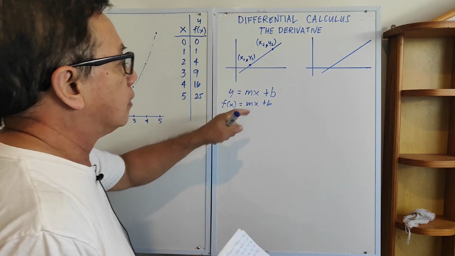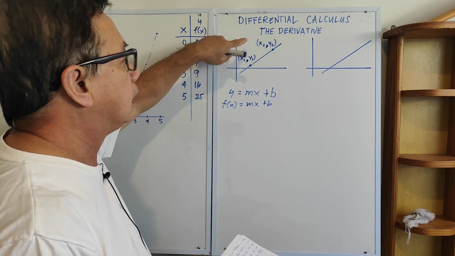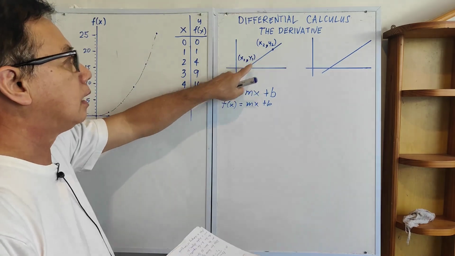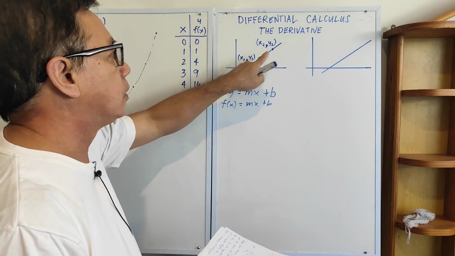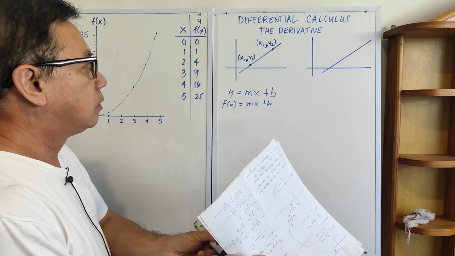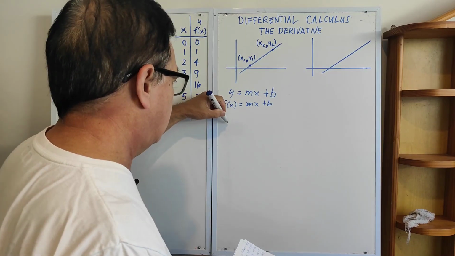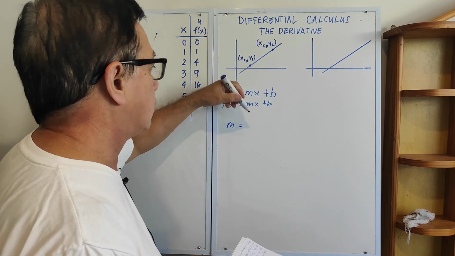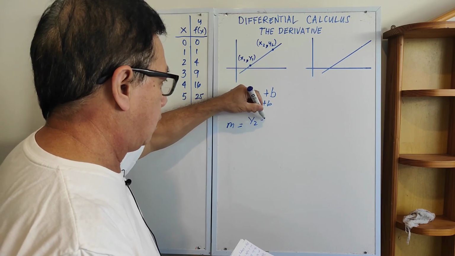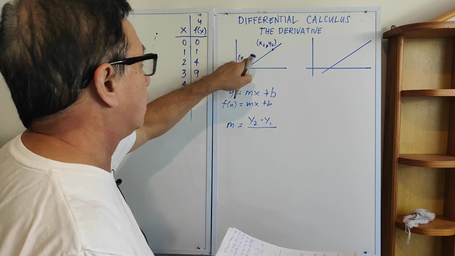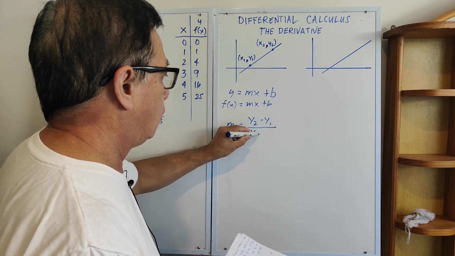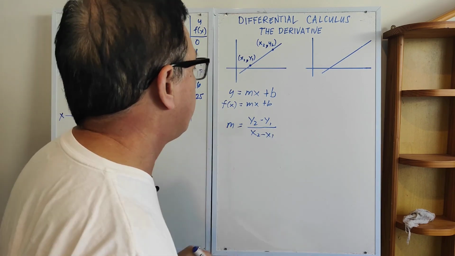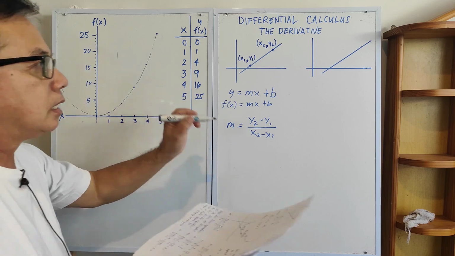So for example, we have a line with 2 points. The slope of this line is denoted by y2 minus y1 over x2 minus x1.